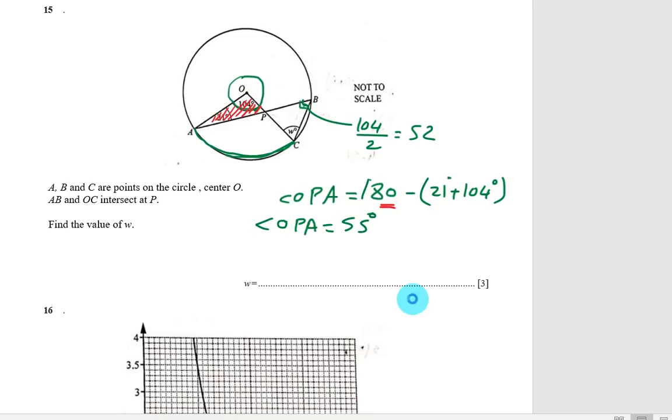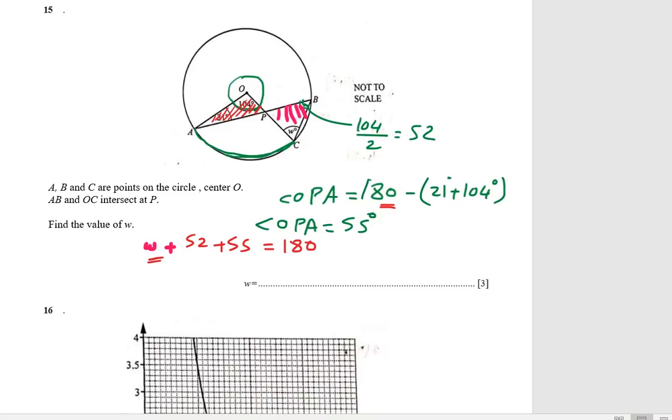Let us now go to this triangle here. Now W plus the angle here, 52, plus 55 will equal 180.